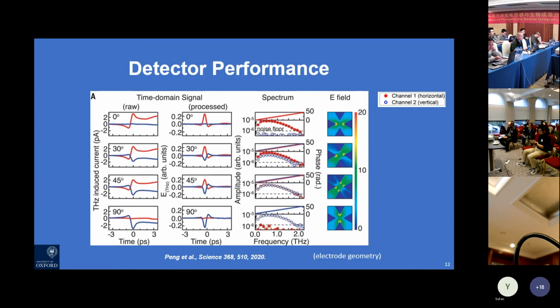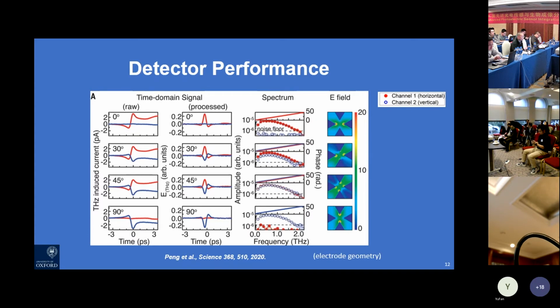And this is the performance of our nanowire detector. The figure here in the first column is the raw terahertz-induced current data measured from our nanowire terahertz detector. As we expected, when the incident terahertz polarization is parallel with the horizontal detector channel, only the horizontal channel responds to the terahertz signal.